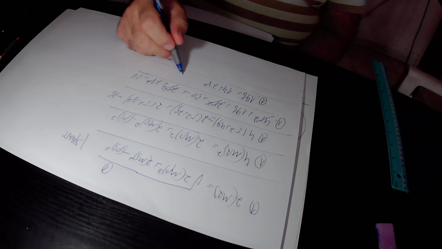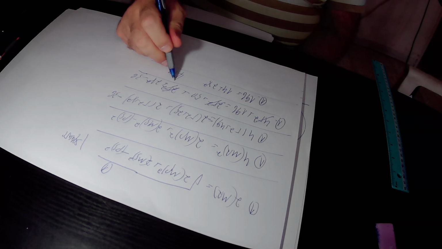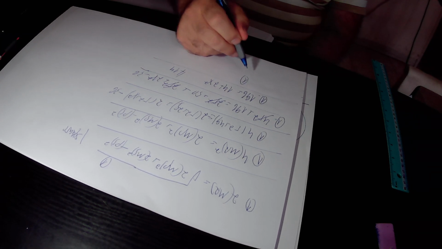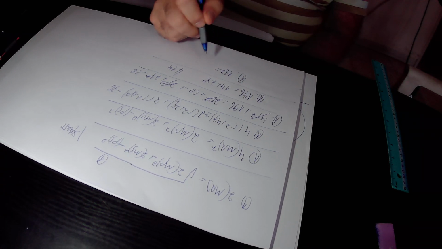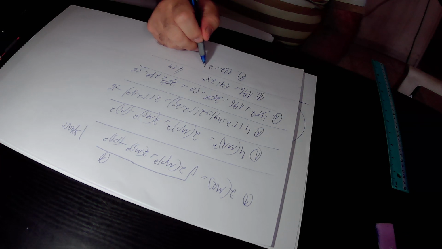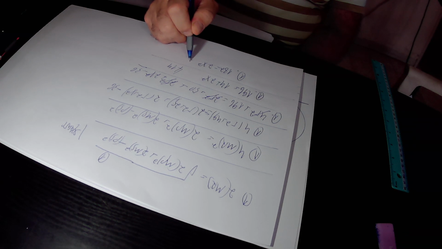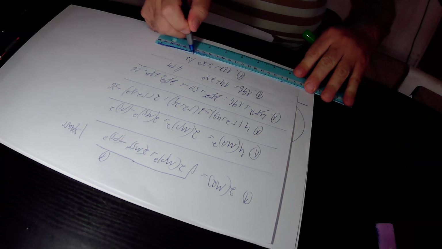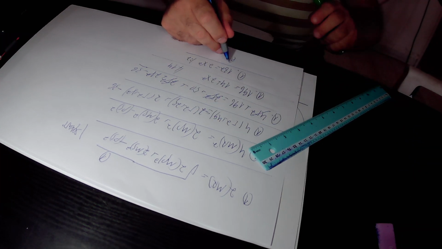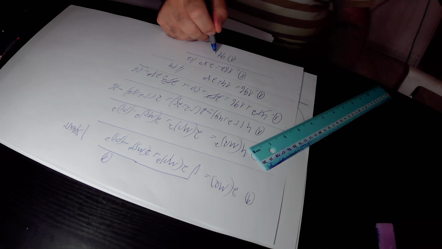Here we subtract 14 from the equation. Finally we get that 196 minus 14 is 182, and 182 equals 2x squared. Here we divide the equation by 2, and we get that 182 over 2 is 91, so 91 equals x squared.